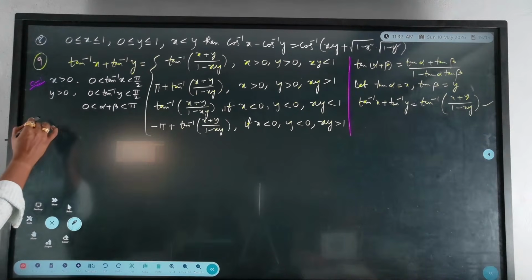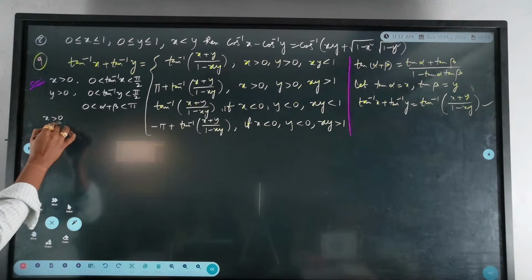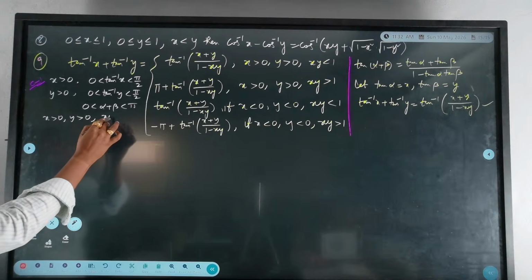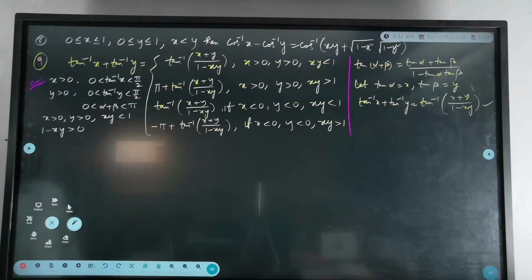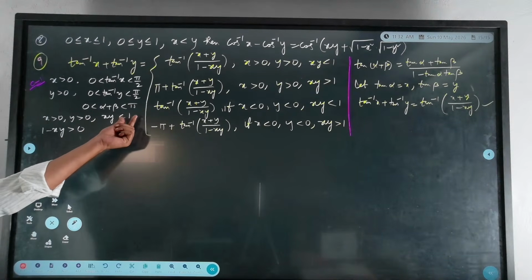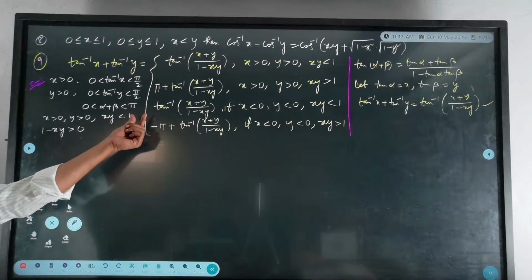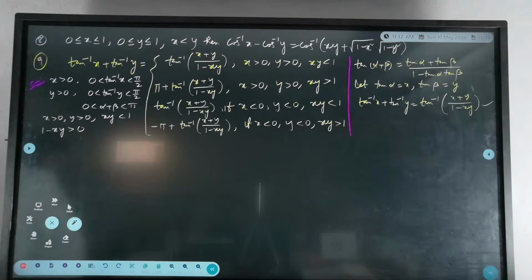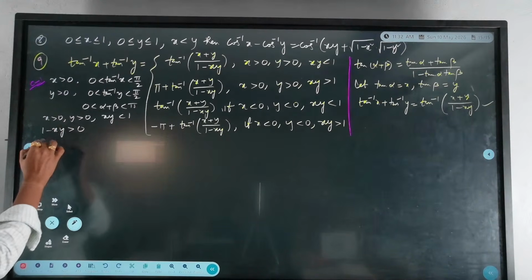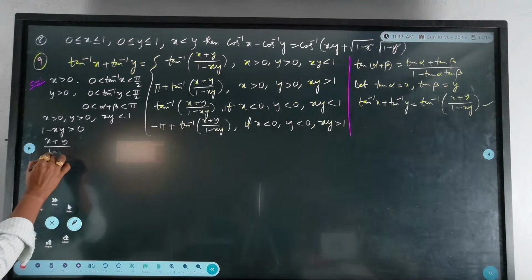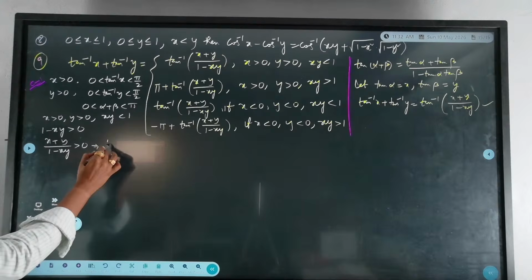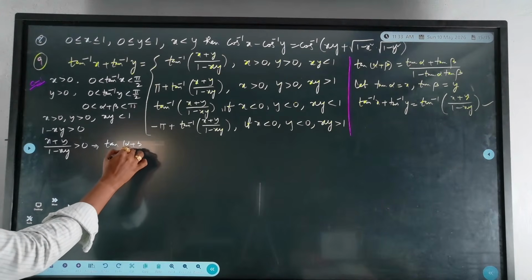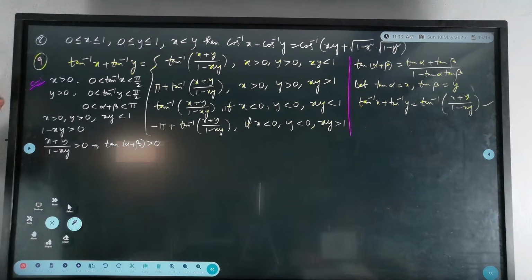Now x greater than 0, y greater than 0, xy less than 1. So what about 1 minus xy? Since xy less than 1, 1 minus xy is greater than 0. By using these three, what about x plus y by 1 minus xy? Greater than 0. So tan alpha plus beta greater than 0.